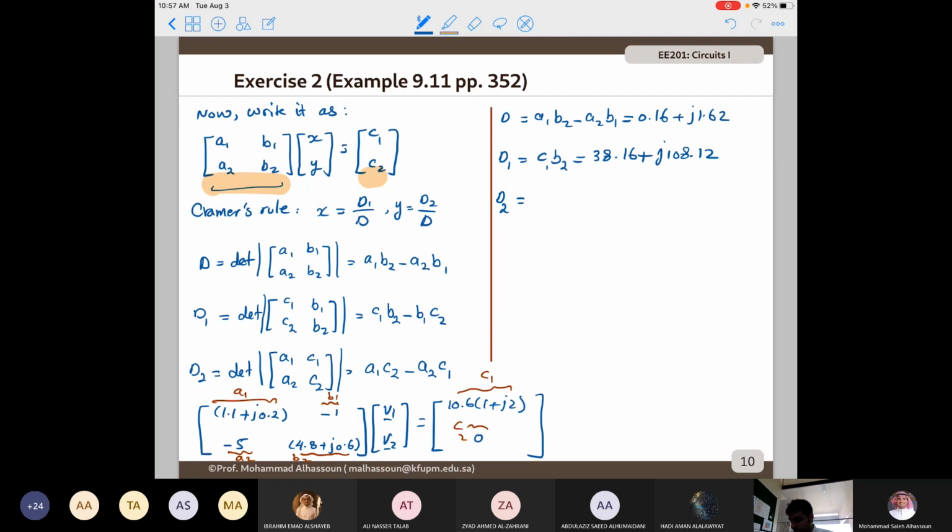D2, again since C2 is 0, is going to be minus A2 C1, and if we do that, we'll end up with 53 plus j1.